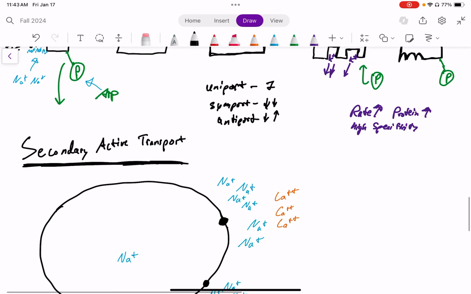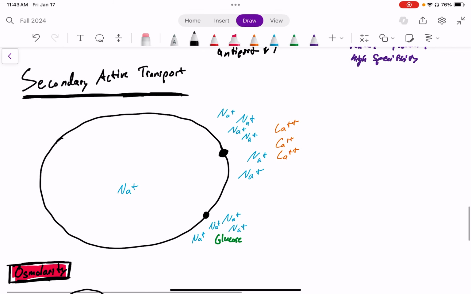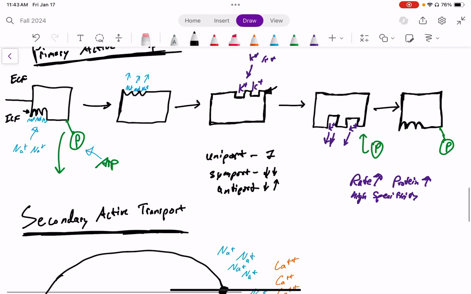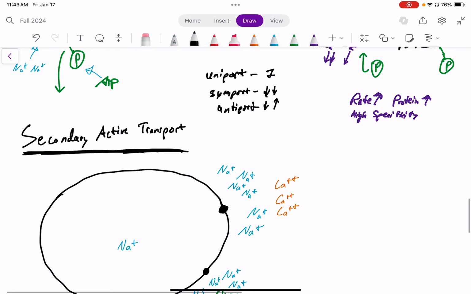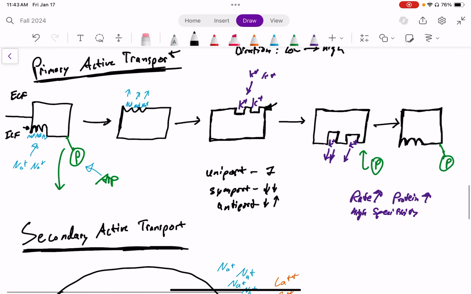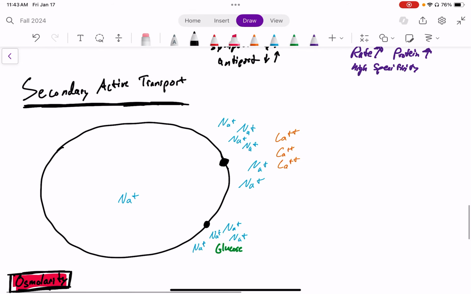Now, the other kind of active transport is secondary active transport. And this is based off of primary active transport. It uses the gradient that was established from primary active transport to continue to move particles. So if we have sodium, we have a little bit of sodium inside the cell, not a ton, but there is a lot of sodium outside the cell.